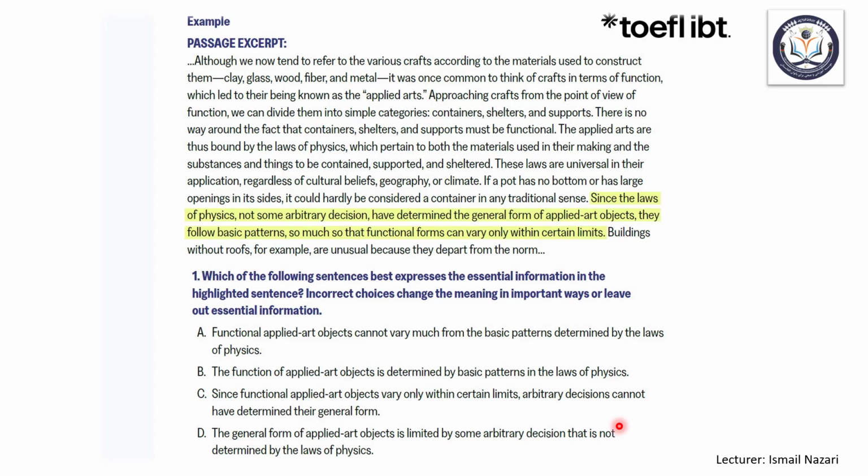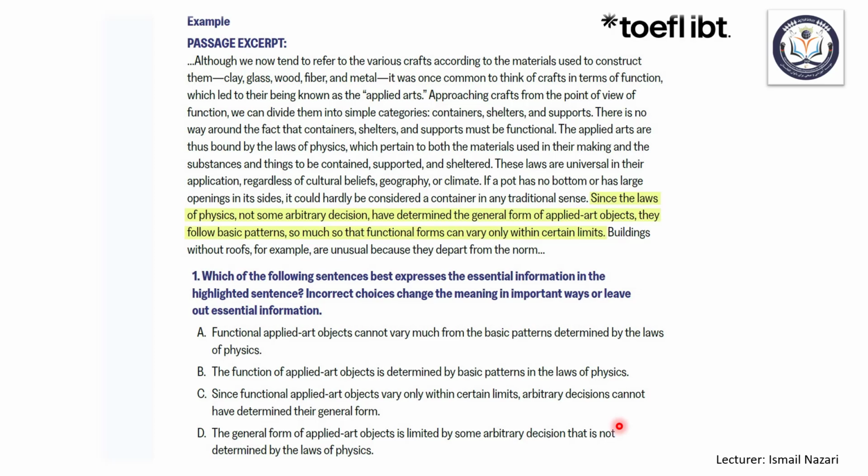First, look for transition words. Are there any transition words in the highlighted sentence or not? Because transition words, no matter the type, will tell you the kind of connection inside the sentence.